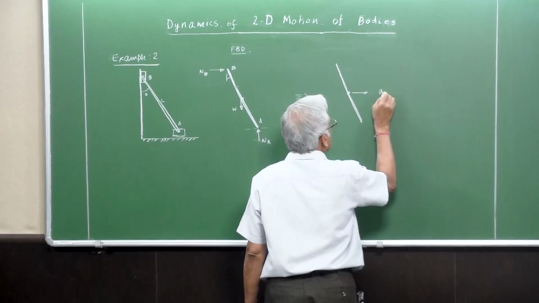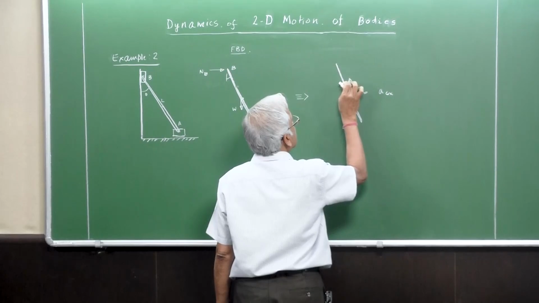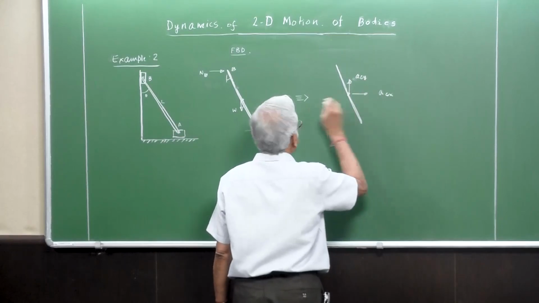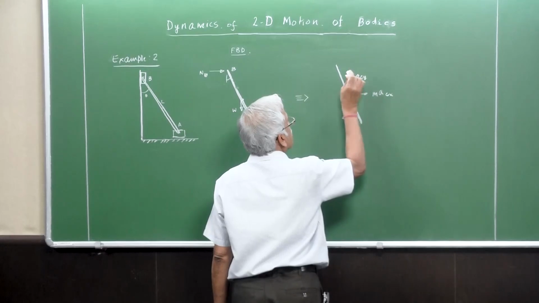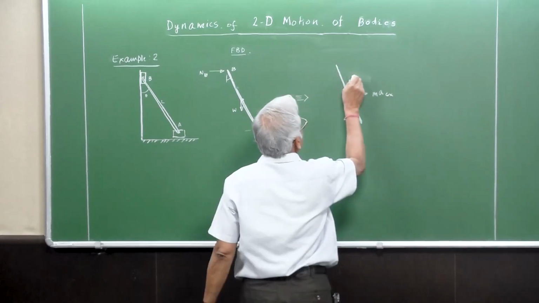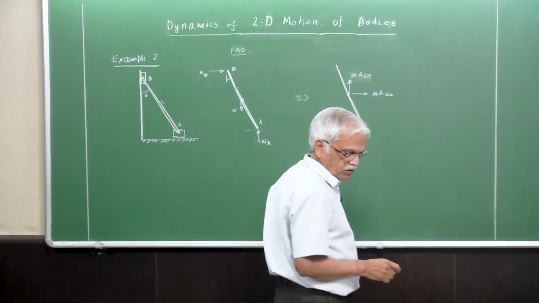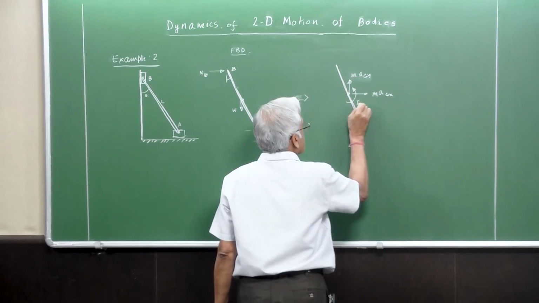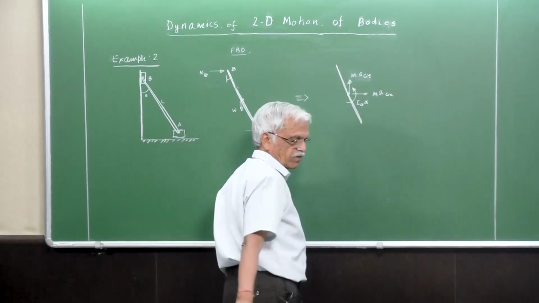It has linear accelerations in the horizontal and vertical directions. So if you want to make this equivalent to this one, we will multiply with m, and together with this we also have Ig times alpha, right?